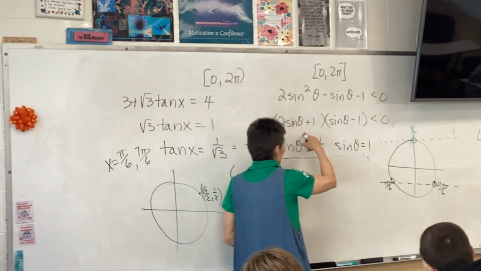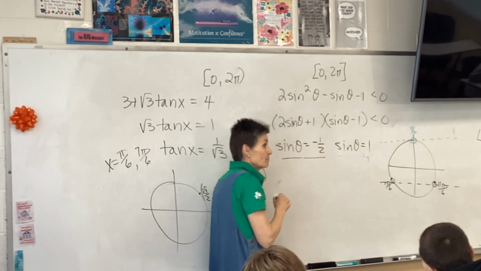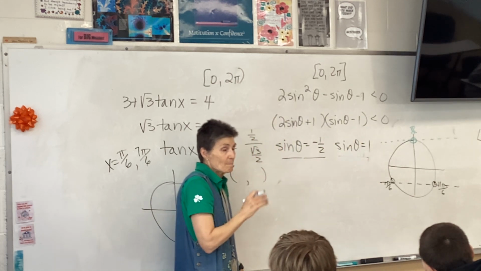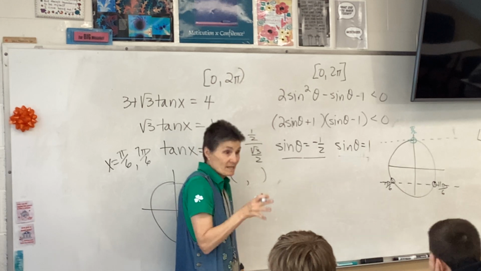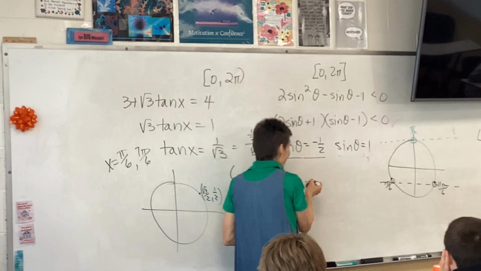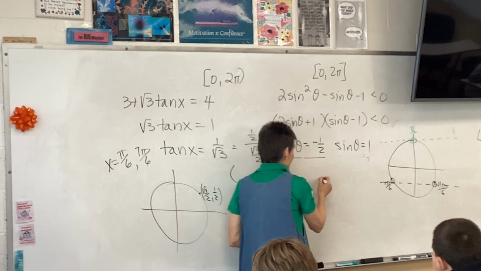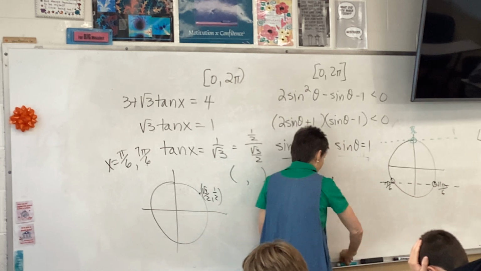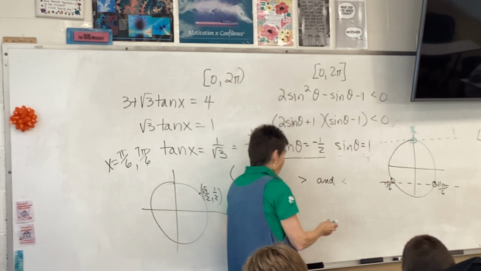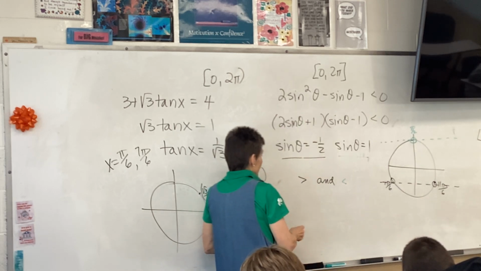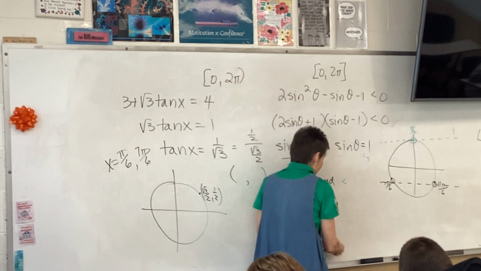You are multiplying these two things and ending up negative. So what does that mean? That means one of each. So black can be greater than, or equal to, and green less than. Does that make sense to you what I'm doing here? Or it could be the other way around. So black could be less than and green could be greater than.